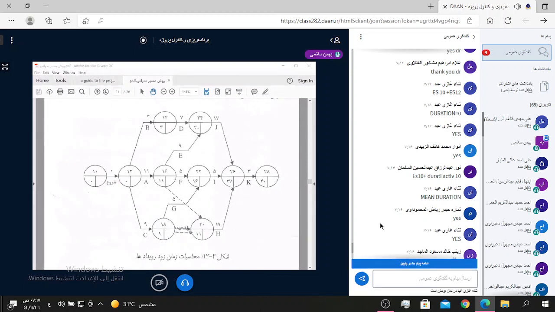I should write it here: ES12 equal ES10 plus D, means duration of activity start. ES12 equal ES10 plus duration of activity start. Understand?